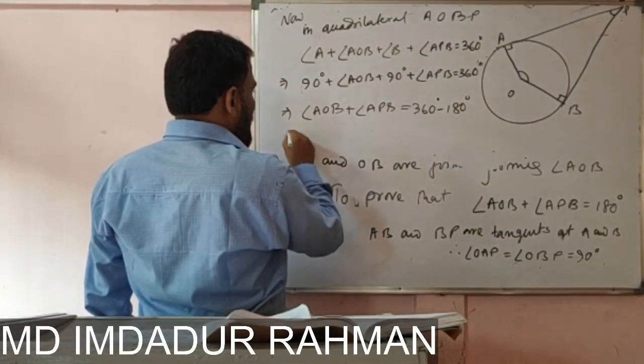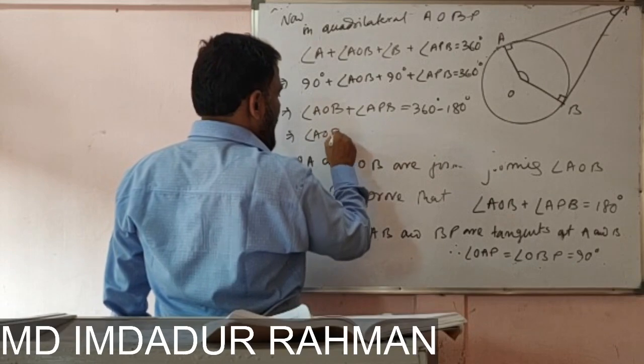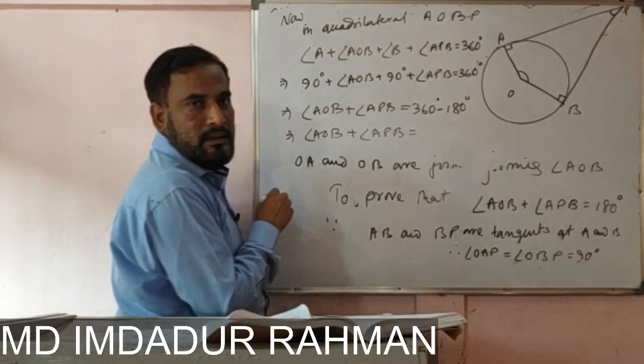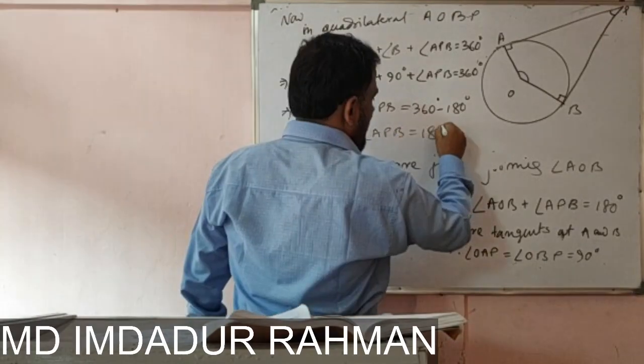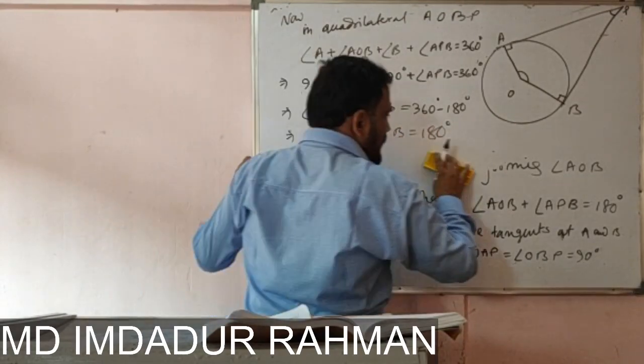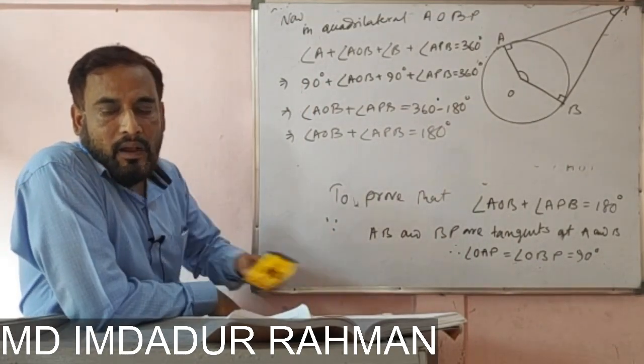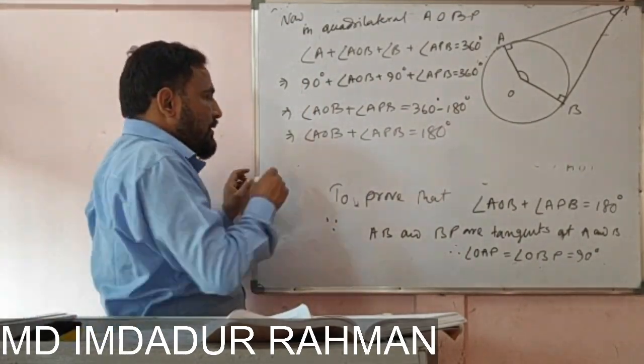So you can say that angle AOB plus angle APB is equal to 180 degrees. Now you know, if the sum of two angles is 180 degrees, then the angles are said to be supplementary angles.